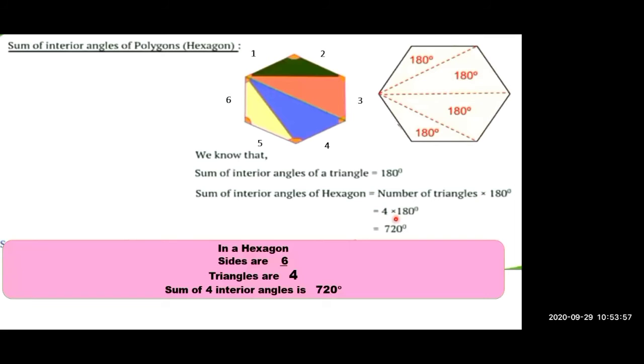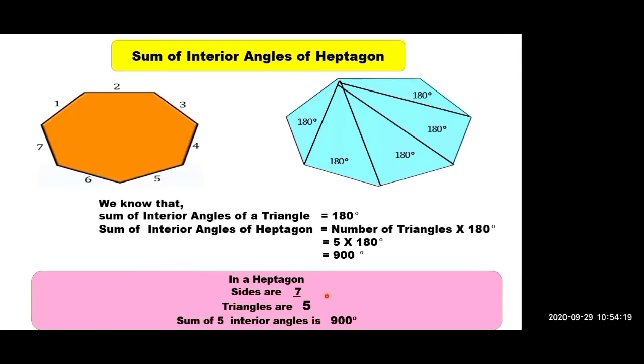So 4 into 180 degrees equals 720 degrees. So we can say that in a hexagon, sides are 6, triangles are 4, and sum of interior angles is 720 degrees.